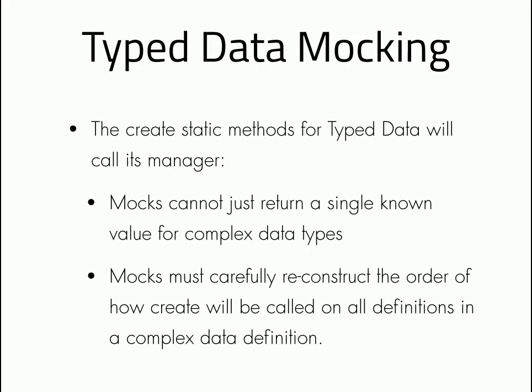We have to reconstruct the order of how type data is calling itself, and that means if I have this complex data type and all these complex properties, like if we look at that invoice, that payment definition has an invoice. The invoice has a contact. The payment also has a contact. So when it goes through those methods, I need that mocked class to know exactly the steps to create it.